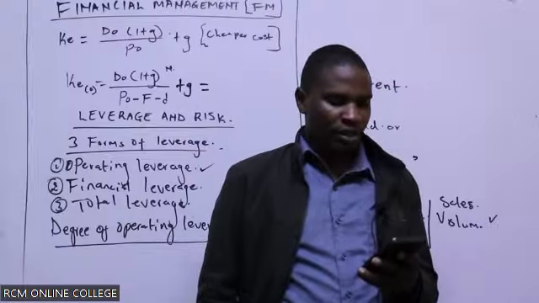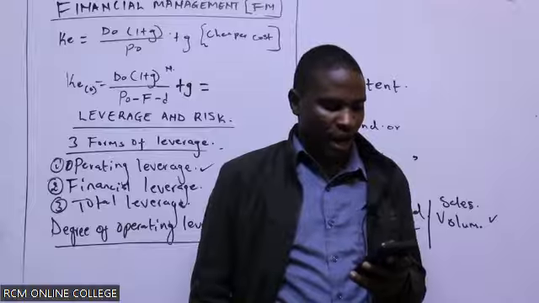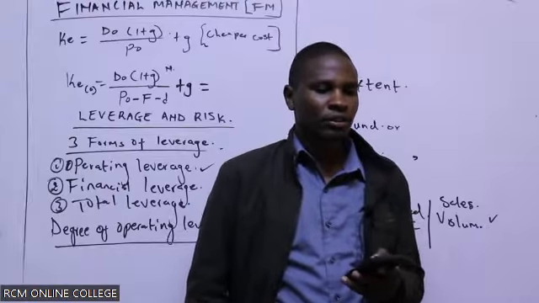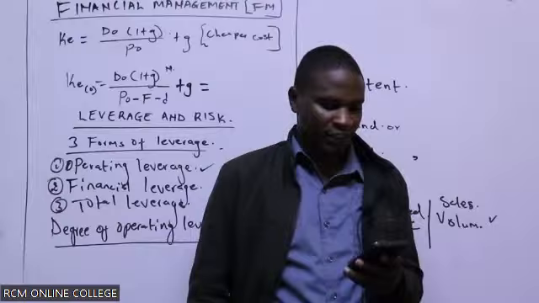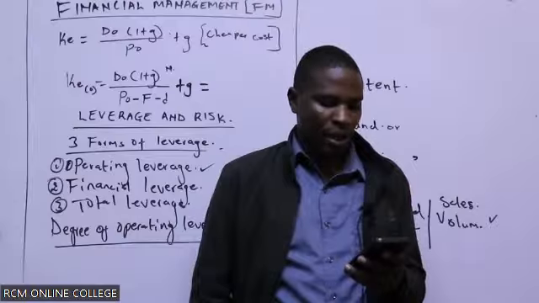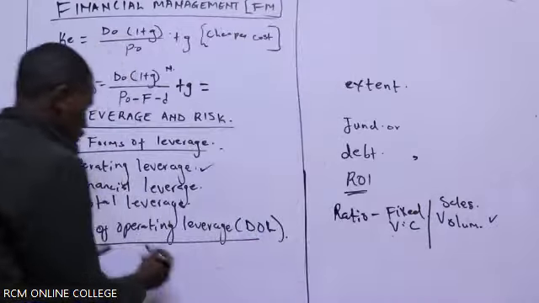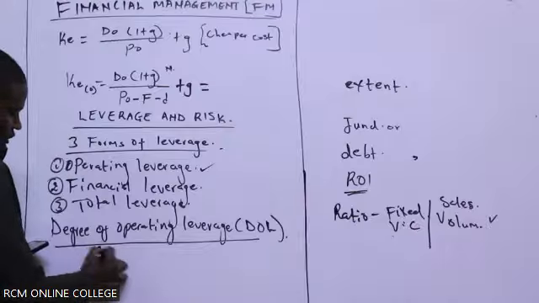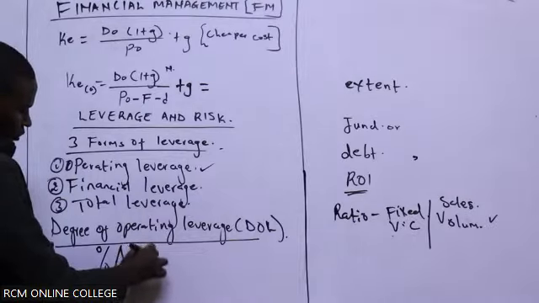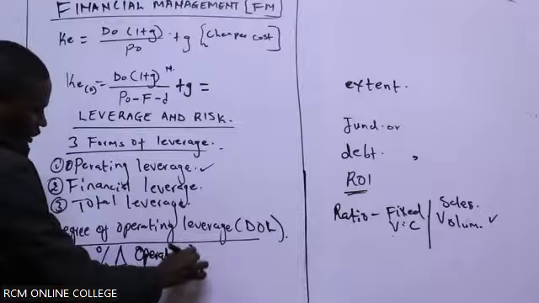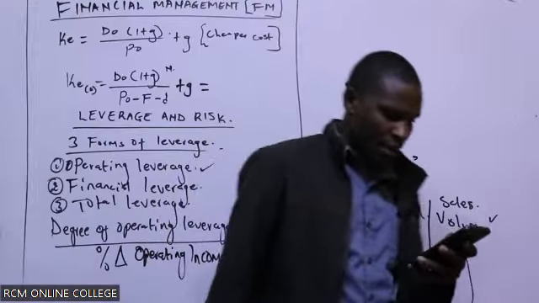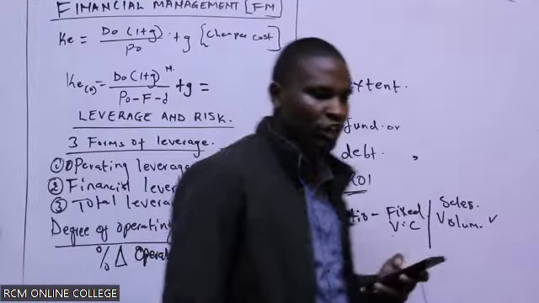So you say that the degree of operating leverage, DOL, is calculated as a percentage change in operating income, divided by the percentage change in sales.